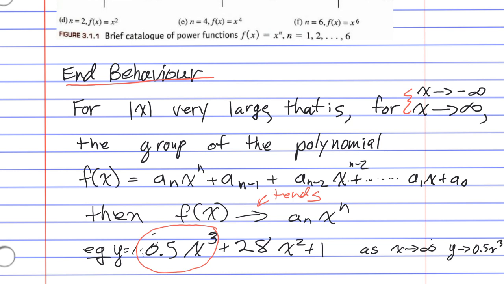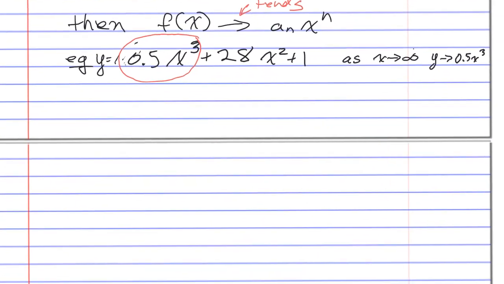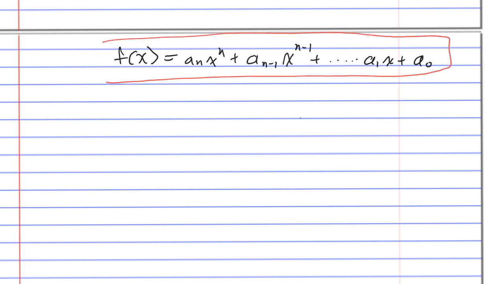So now let's talk about how all this stuff works. So here's what you need to know. Let's say I have our function f of x is this. Now, here's what we say.